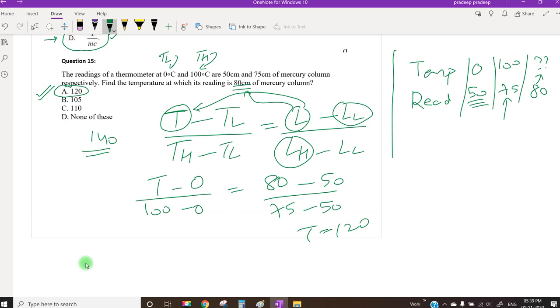Sheldon, that's a wonderful method. I did not do it like T minus TL and all. What you have done is the same thing, but visually. Both of them are the same. Because you won't get the answer till you do these calculations, right? So just check the calculations you have done.